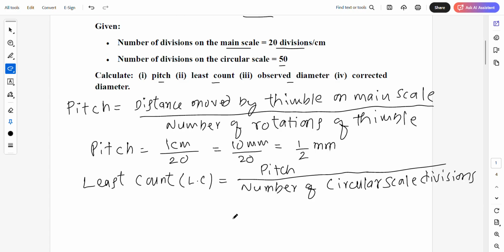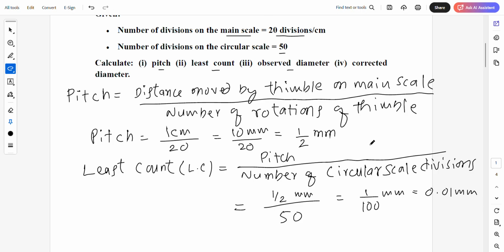Now, how much is pitch? Just now we got 1 by 2 mm. Number of circular scale divisions is 50. That is equal to 1 by 100 mm, that is equal to 0.01 mm. This is the least count. Pitch is half mm, and the second one is least count.